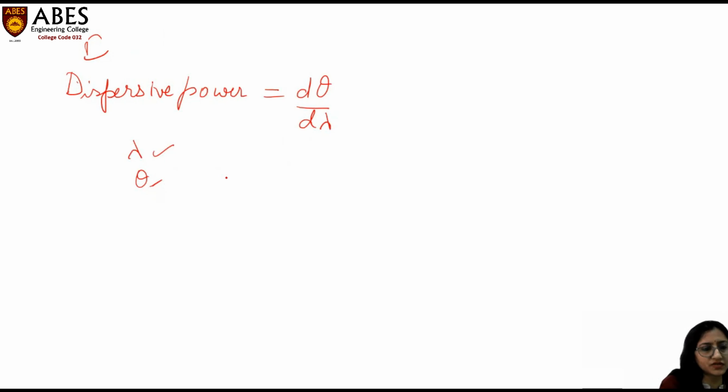In order to obtain the expression for dispersive power, we need to take the condition of principal maxima for diffraction at n slits.